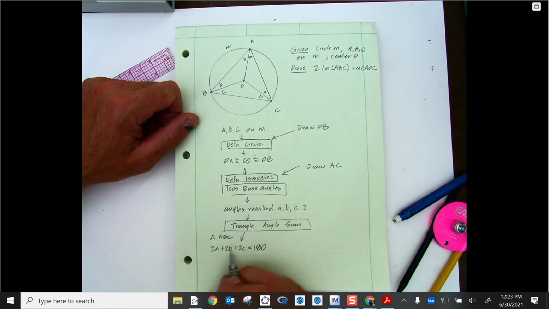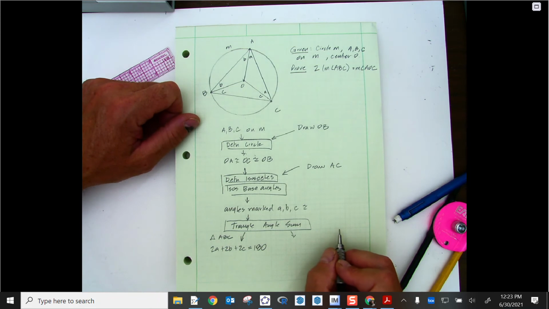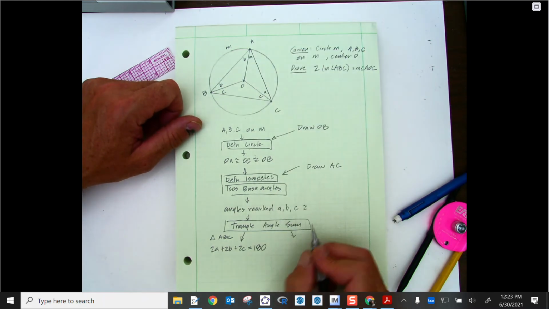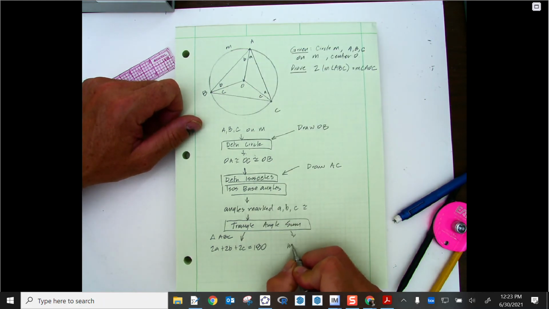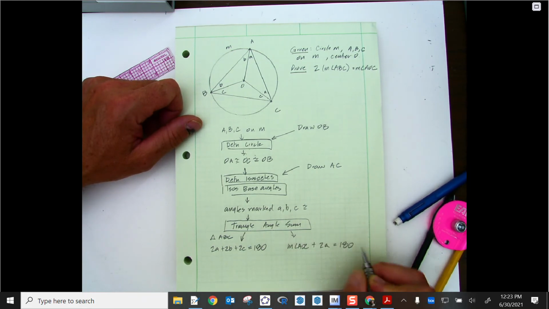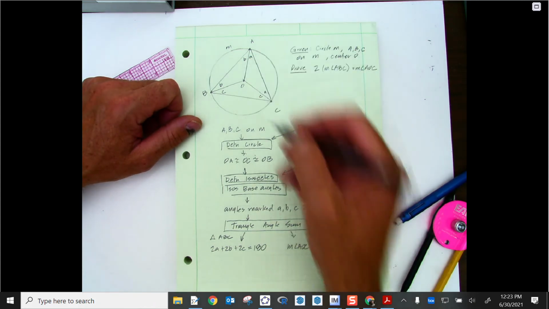So that's this one. And then this one we're going to do, let's see, I guess we'll call it AOC. Measure AOC plus 2a's equal 180. So that's in this little triangle up here.